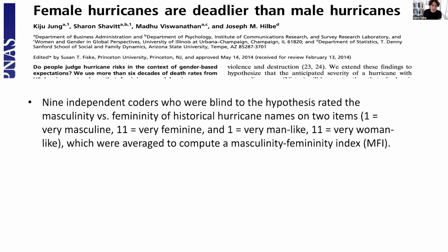So how did they do this? They had nine independent coders, who were blind to this hypothesis, rate the masculinity and femininity of historical hurricane names on a 2-item scale. And then the ratings were averaged to compute a masculinity-femininity index.